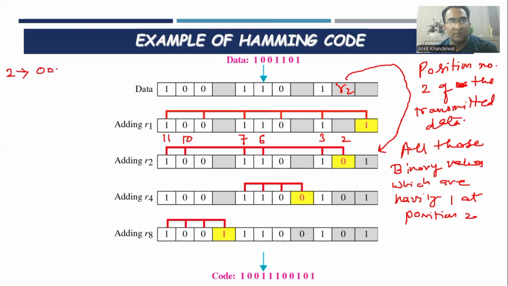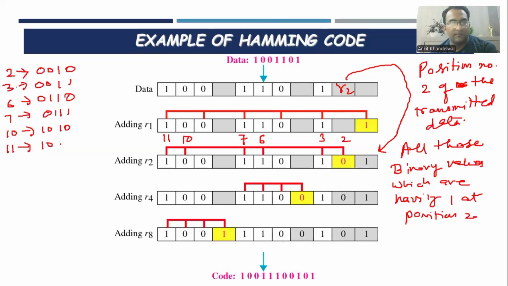Let us see: 2 is 0, 0, 1, 0; 3 is 0, 0, 1, 1; 6 is 0, 1, 1, 0; 7 is 0, 1, 1, 1; 10 is 1, 0, 1, 0; 11 is 1, 0, 1, 1. All these are having 1 at position number 2.